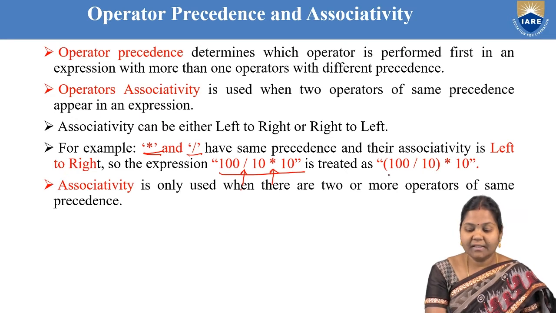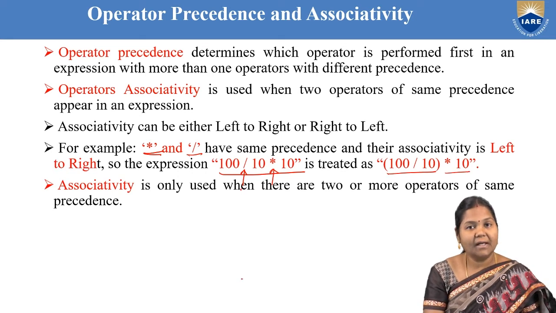First, 100 by 10 will be evaluated and the result multiplied by 10. So, 100 by 10 is 10, 10 into 10 is 100. It is evaluated from left to right. If multiple operators have the same precedence, then the associativity decides their order of evaluation.